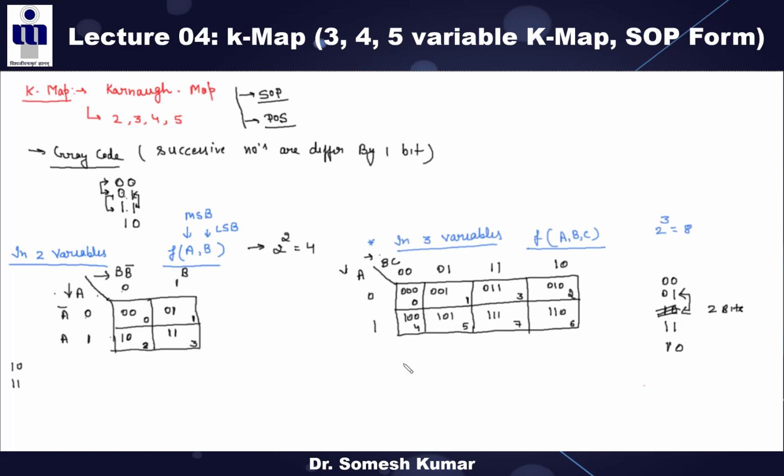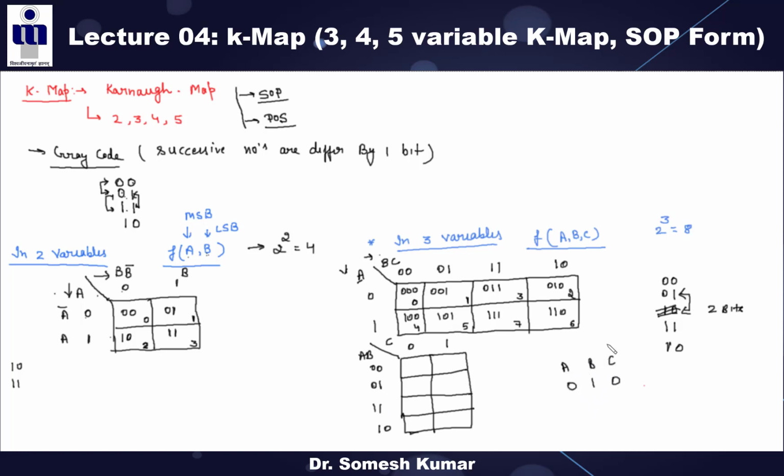So in the reverse way or in the opposite way, you can also do like this. You can say, sir, we can take two variables at this side and one variable at this side. Then how many columns? Two columns. And how many rows? 4 rows, right? So that's why I told you multiple solutions are possible in the K-map based on your numbering and based on their pairing, right? If suppose in the question 0 1 0 is given, right?